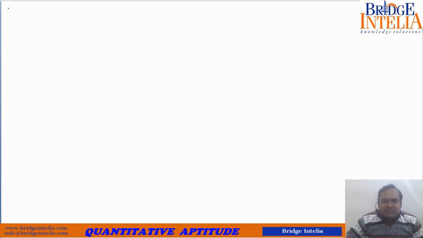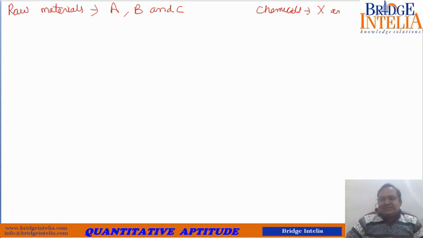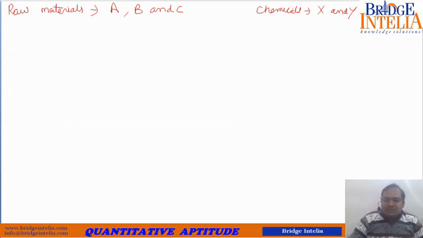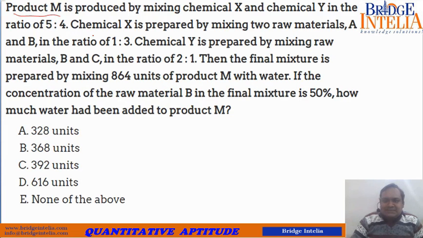Three types of raw materials are mentioned here: A, B and C. Two chemicals are mentioned here, chemicals X and Y, and there is a product, product M, which is formed by mixing these two chemicals X and Y.